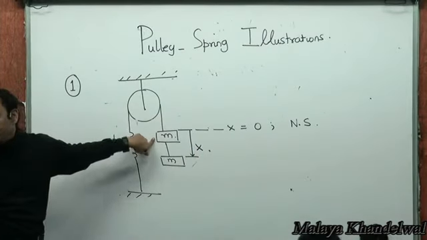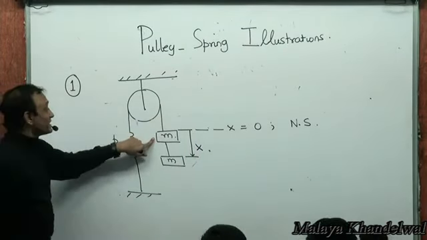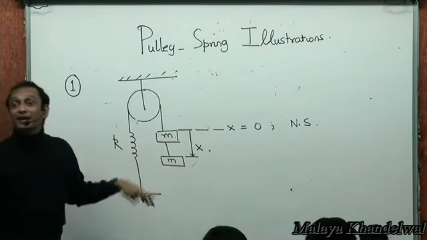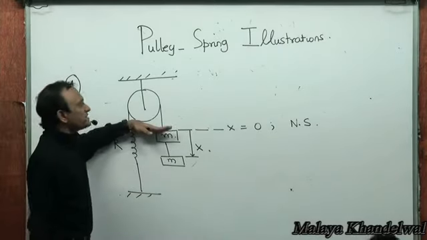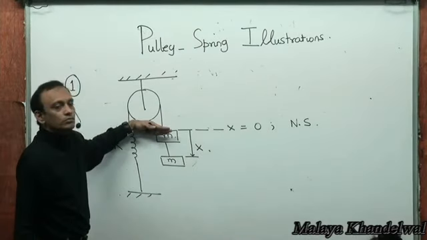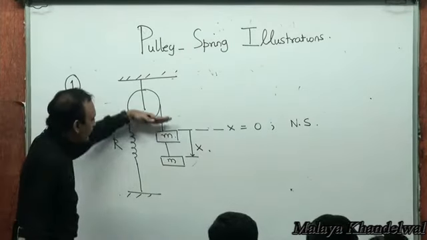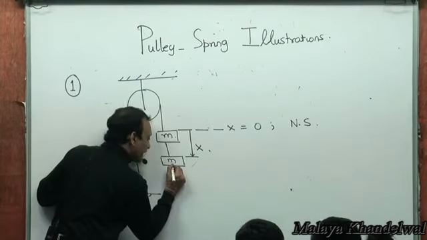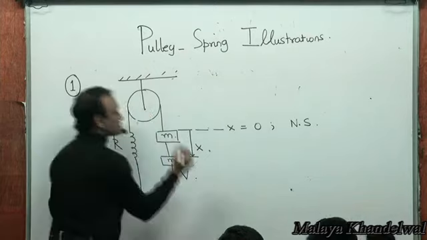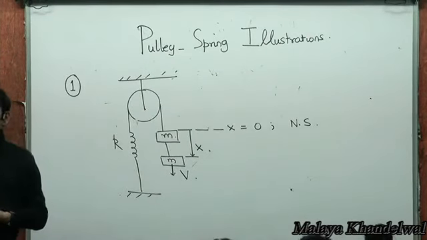This is not an equilibrium position though, because spring force is 0, but there is unbalanced gravitational force. This is only x equal to 0, which is the natural state of the spring. After a while, the mass descends down by an amount x, and by the time it descends, it would have gathered a velocity v. Yes or no?